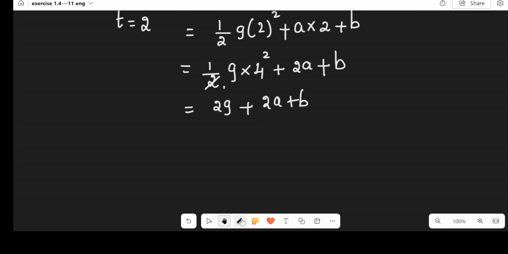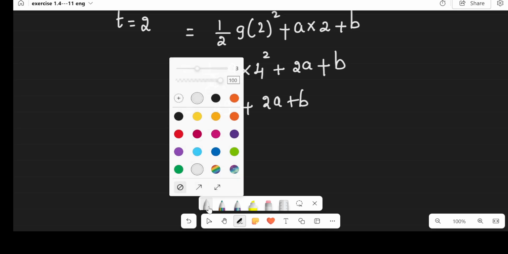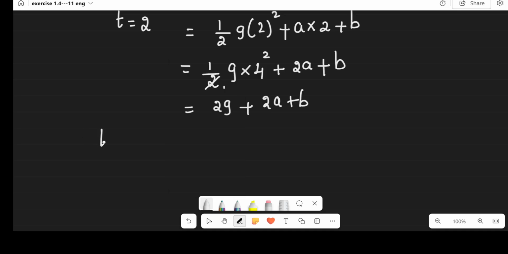And now we are going to check one more value, that is t is equal to 3. Half, that is 1 by 2 into g into 3 square plus a into 3 plus b.